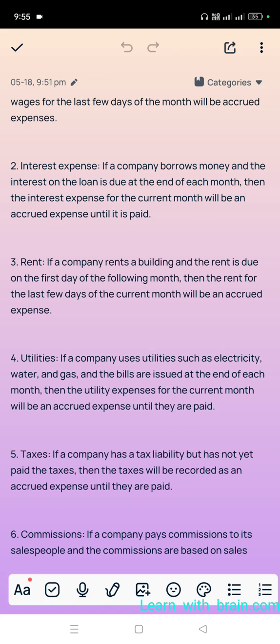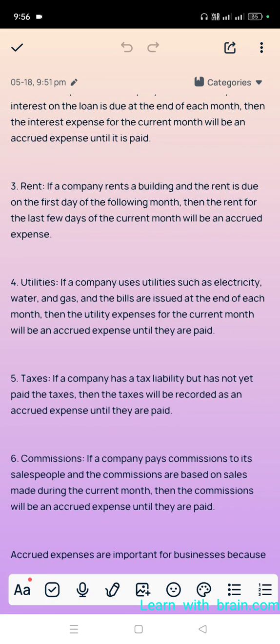For example, we borrowed 1 lakh rupees. The interest is 12%. Every month it accrues: for the first month, 1000 rupees. Second month, 2000, and so on, every month it accrues. So it is an accrued expense.